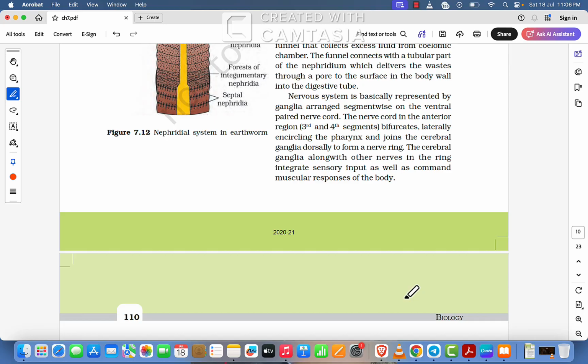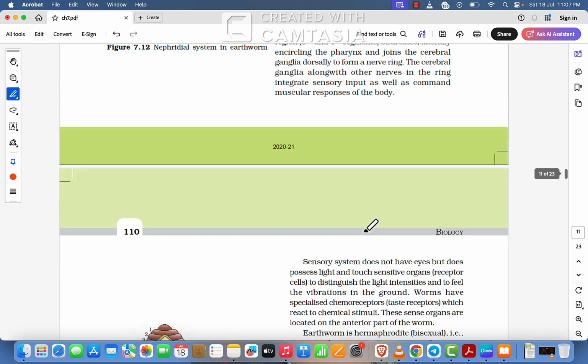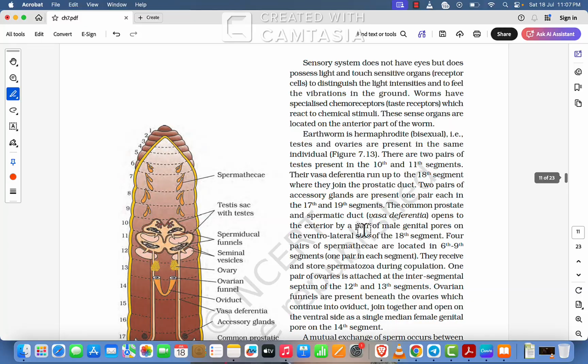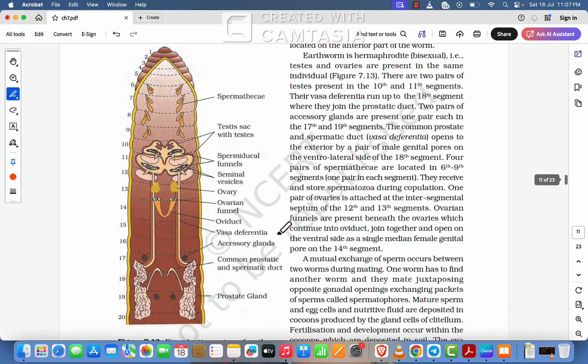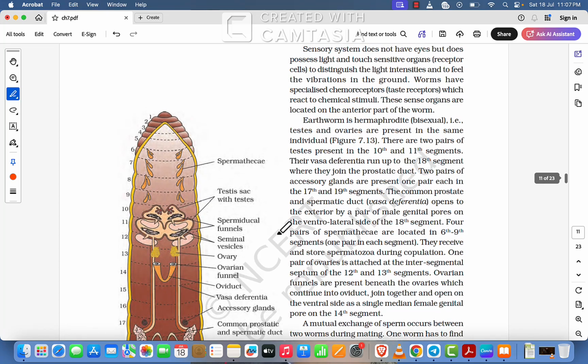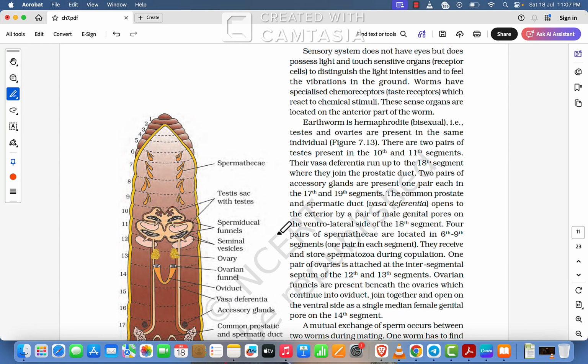The cerebral ganglia, along with other nerves in the ring, integrate sensory input as well as command muscular response in the body. The sensory system does not have eyes but does possess light and touch sensitive receptor cells.